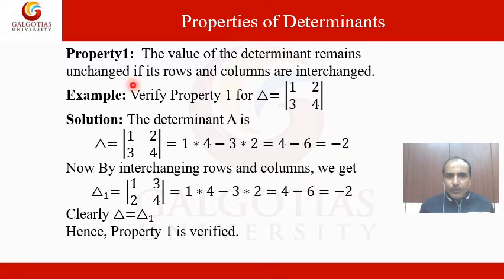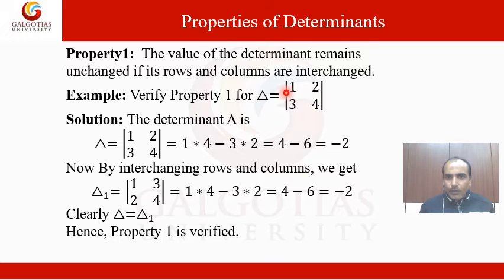Now verify this property. Find the determinant of this. As we know how to find the determinant of order 2, the determinant of this is minus 2. Now applying this property we interchange row and column.